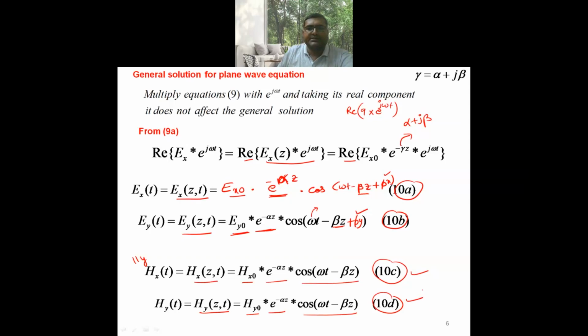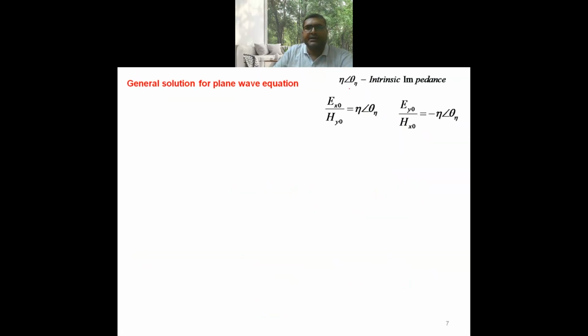In the next slide, we are going to rewrite the equations 10c and 10d, the Hx naught and Hy naught terms, in terms of electric field components and intrinsic impedance. The intrinsic impedance is represented by eta at angle theta subscript eta.